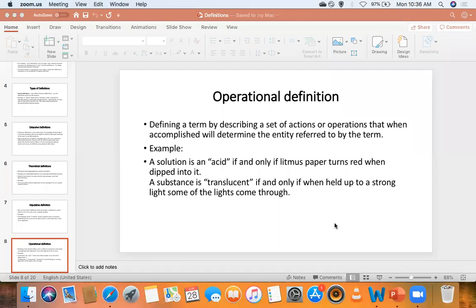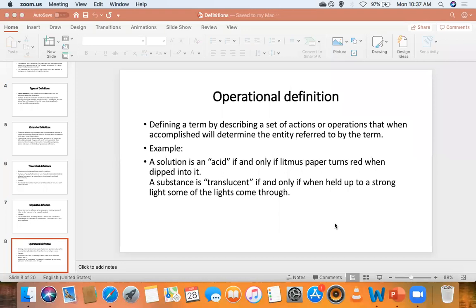So an operational definition is defining something by describing a set of actions or operations or procedures by which such a thing is realized. This is the kind of definition we see in the sciences most of the time, because certain things are arrived at by scientific experiments, operations.